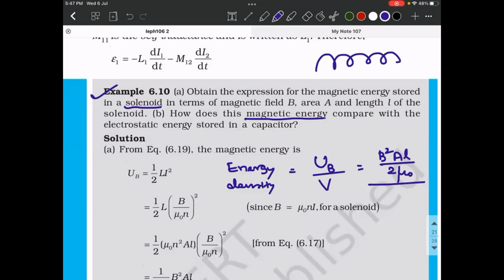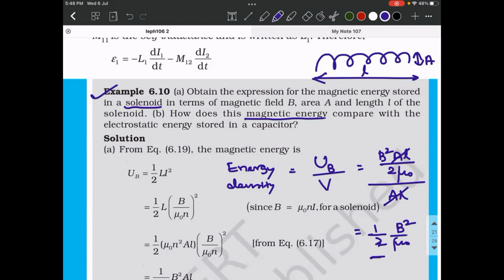If I take an inductor in this form, the volume is the cross-sectional area multiplied with the length, just A into l. So A l and A l are gone. I get half into B square divided by mu naught. This is the energy density stored in an inductor, and this expression is important for the next chapter.